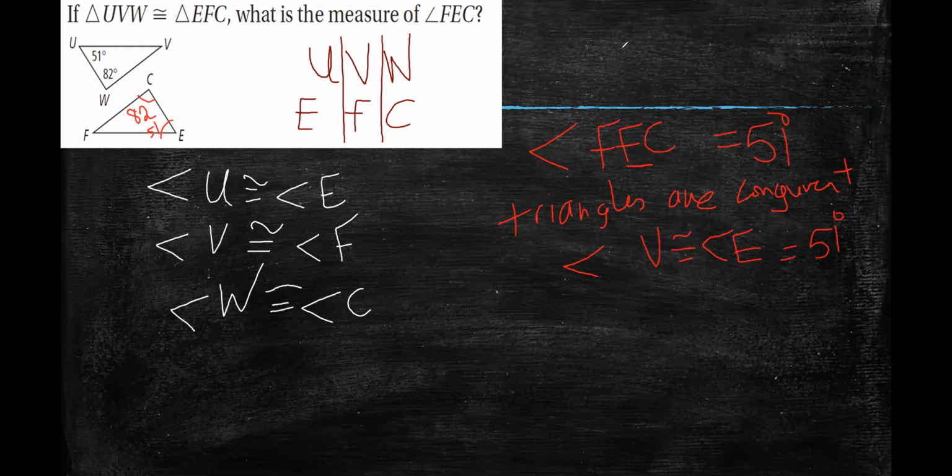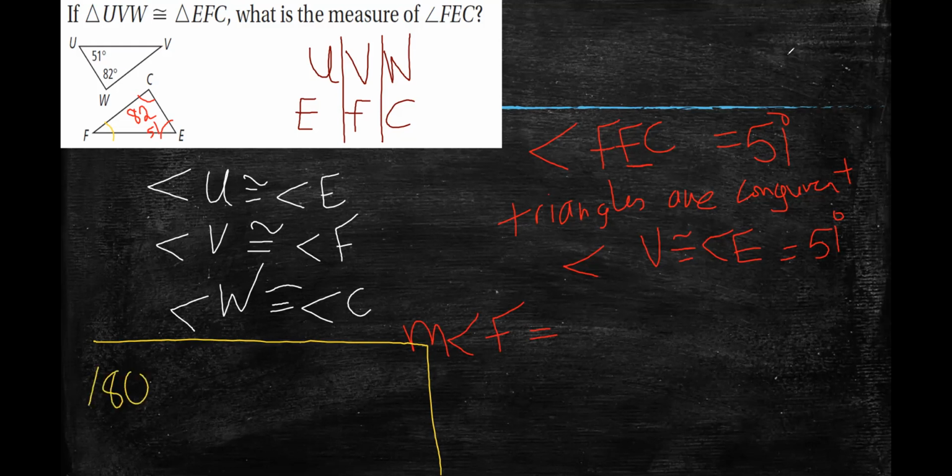Now, if I ask you about angle F as an example, what is the measurement of angle F? If you look at this triangle, you have 82 and 51, and I ask you about angle F. To find the measurement of the third angle, we use the third angle theorem, which says the summation of the three angles is 180.